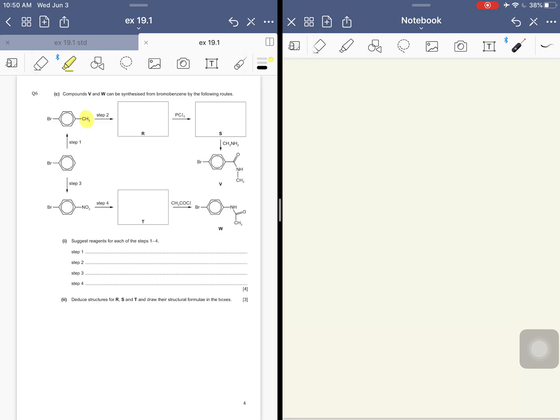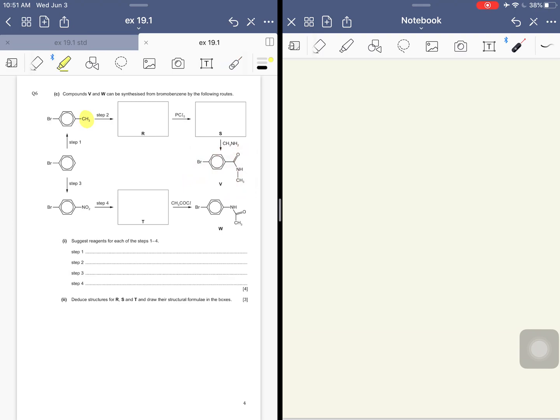Step 2 is not easy yet. Well, it doesn't say much. Step 2 is a blank, and then you add PCl5, again a blank, to form this final product. Now if you notice, in the final product V, the bromine is the same, the benzene is the same, so the only thing that's different is this part.